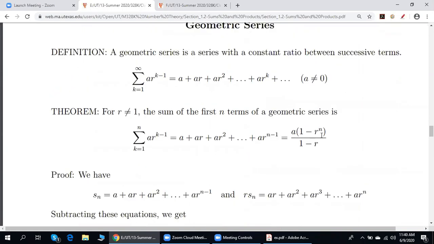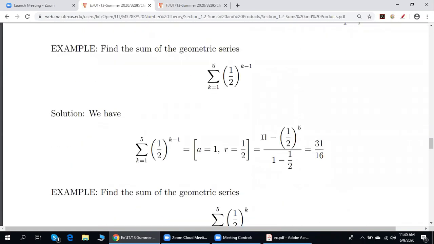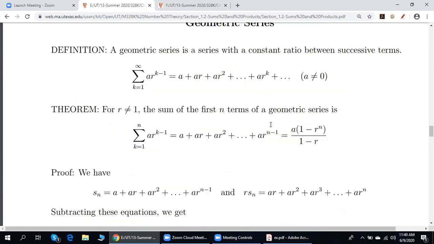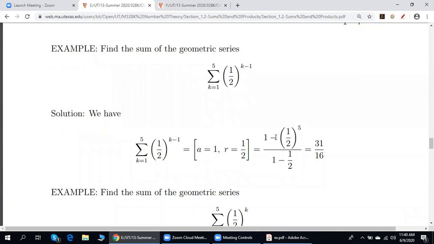Lastly, we apply this formula. a is 1, disappears. 1 minus r to the nth power is 1 minus 1/2, n is equal to 5, 1/2 to the 5th power divided by 1 minus r. And after all simplifications, the answer is 31/16.